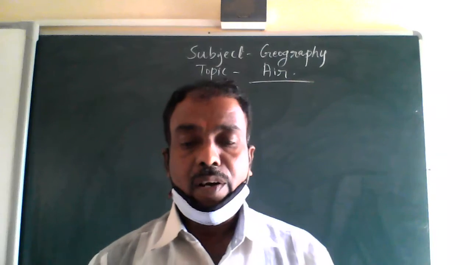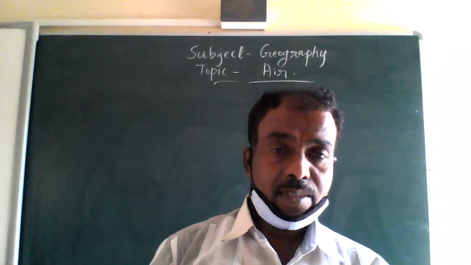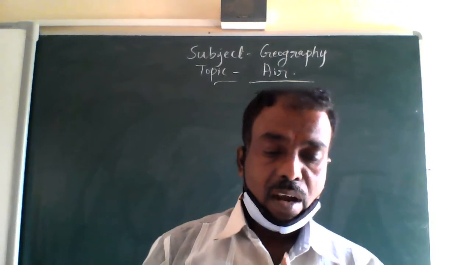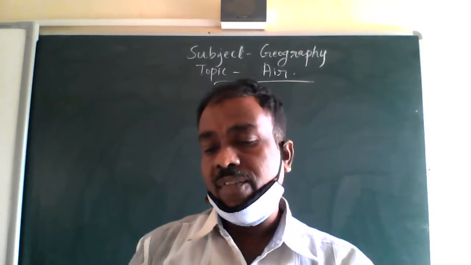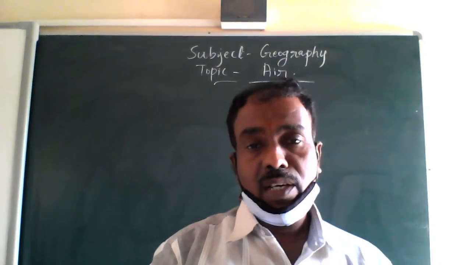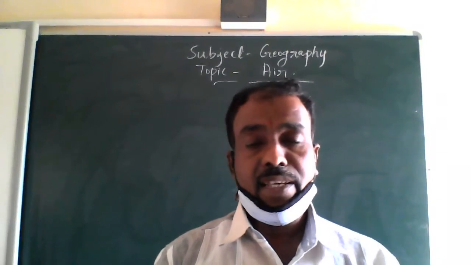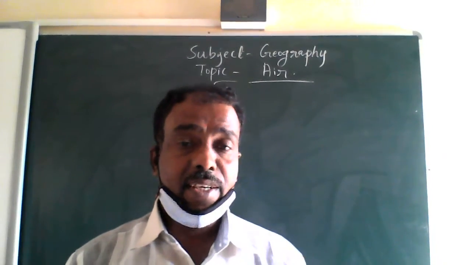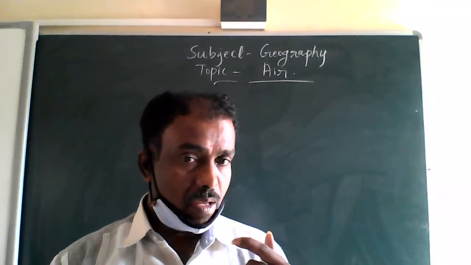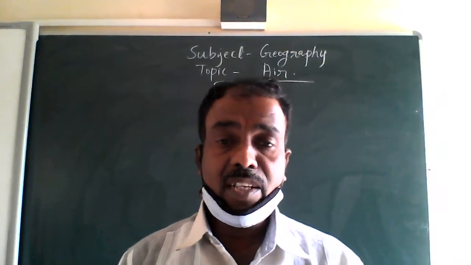In the previous class, we started to learn about the composition of the atmosphere, the different gases in our atmosphere, and the amount of each gas. We also learned about the necessary gases, for example oxygen and carbon dioxide, and how they are very important for natural vegetation and wild animals, including human beings.